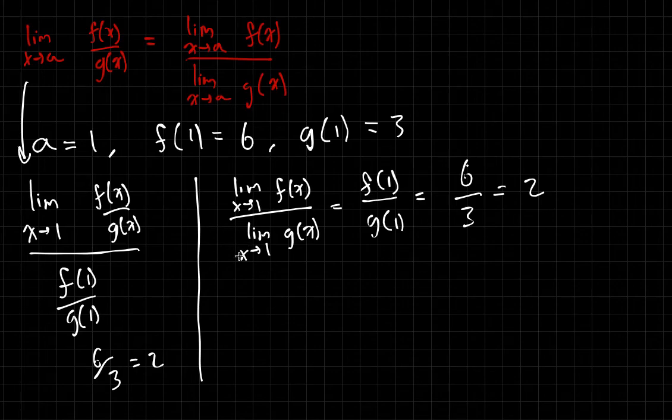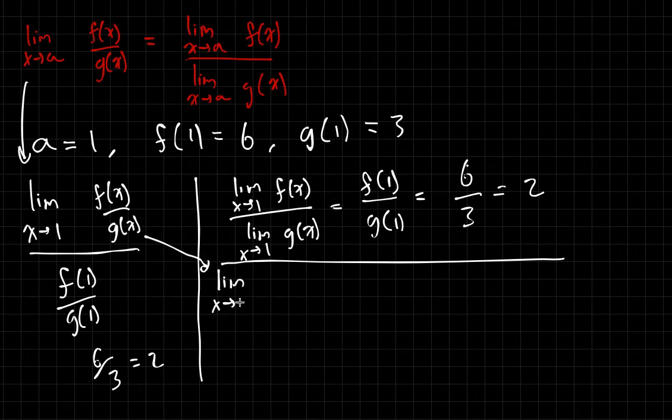And I can do another way to rewrite this here. I can rewrite this expression right here again as the limit as x approaches 1 for f of x times 1 over g of x, right?